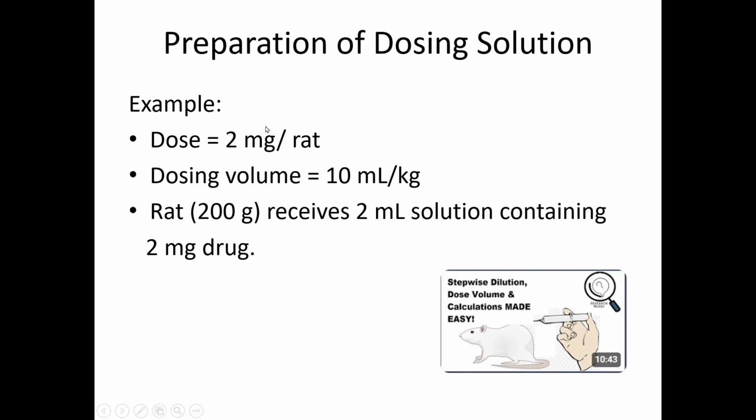So if your animal is a 200 gram rat, our dose volume will be around 2 ml. From this video, we see how we can prepare the dilution, dose volume and its calculation.